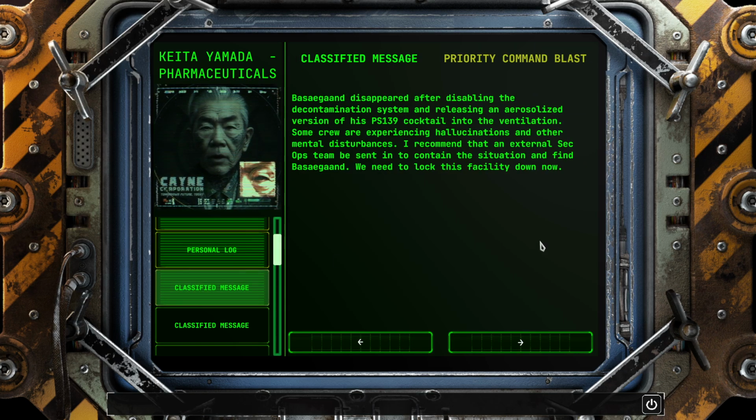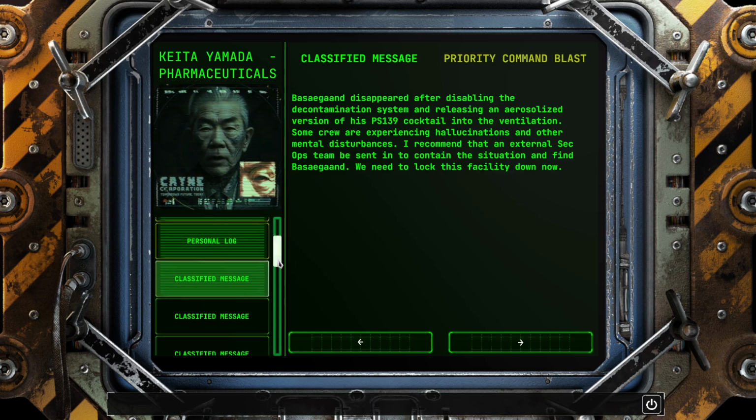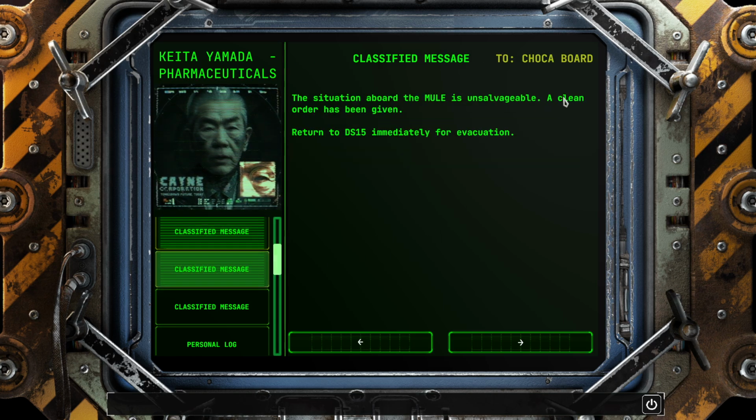Classified message, priority command blast. Pasagand disappeared after disabling the decontamination system and releasing an aerosolized version of his PS-139 cocktail into the ventilation. Some crew are experiencing hallucinations and other mental disturbances. I recommend that an external SecOps team be sent in to contain the situation and find Pasagand. We need to lock this facility down now. Message to the Choco Board.